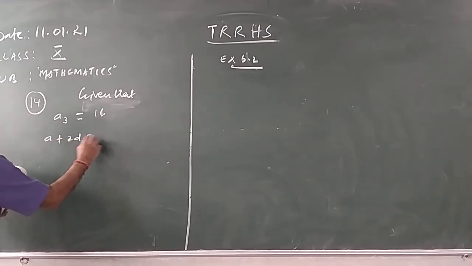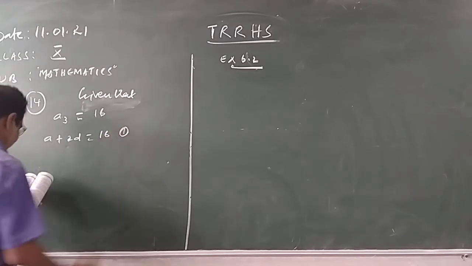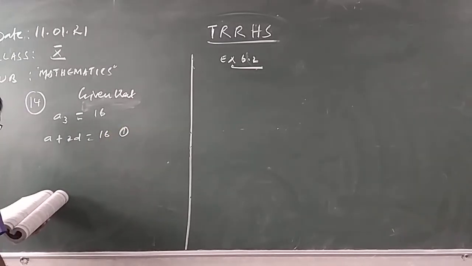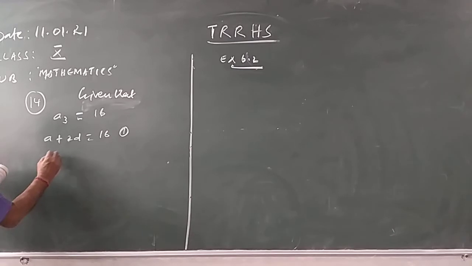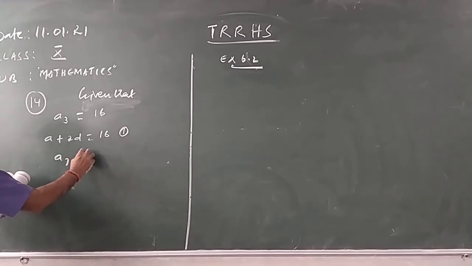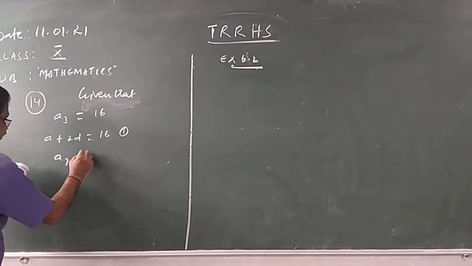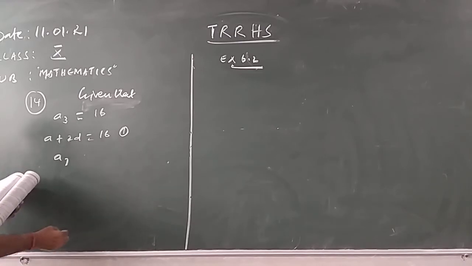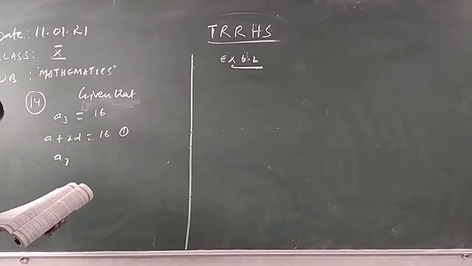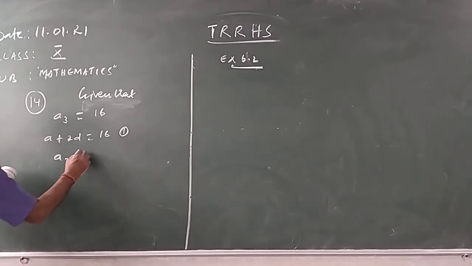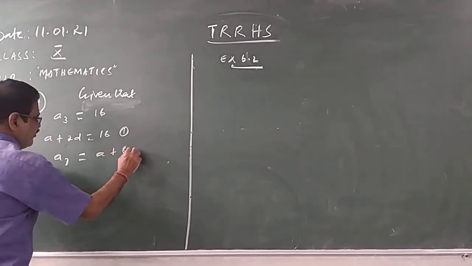A plus 2D is equal to 16. And the seventh term A7 is equal to what? A plus 6D.